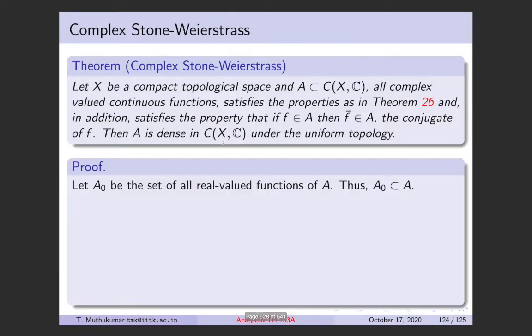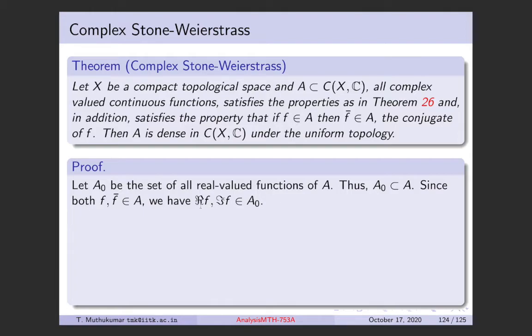The proof is also quite simple. You are given an A, and you look at the real valued subclass of the given subset A. So A0 is contained in A, and A0 consists of all real valued functions in A. Now, since A is closed under conjugation, if you take any f in A, the real part of f and the imaginary part of f belong to A0, right?